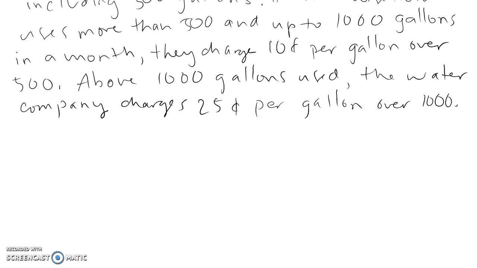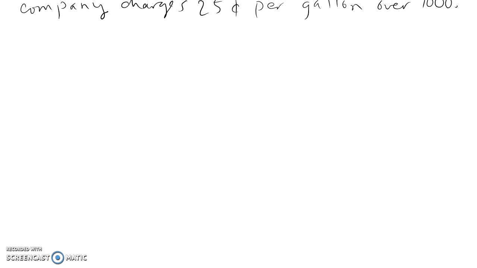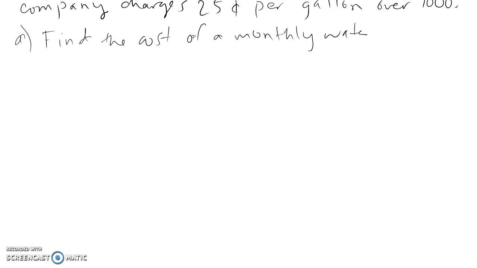Okay, so the first thing that we're going to do is find the cost of a monthly water bill for a household as a function of gallons of water used per month.